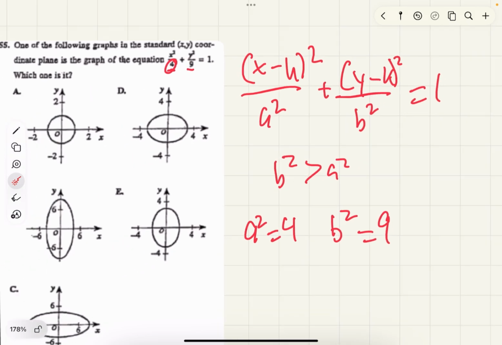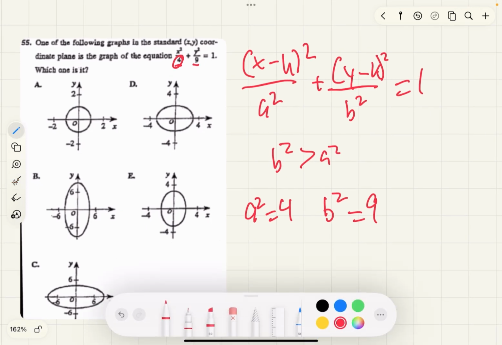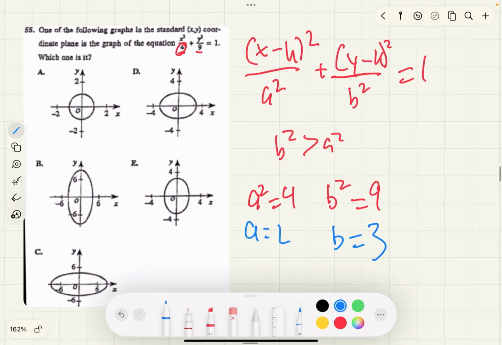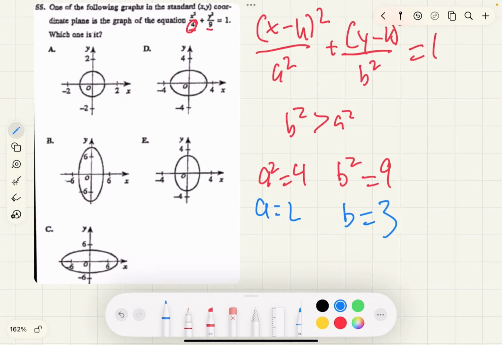Okay, if we solve that out using some simple algebra, a equals 2 and b equals 3. Now all we have to do is go to our answer choices and see which one satisfies that. We know it's going to be vertically stretched anyway, so we can automatically eliminate A, D, and C. Now it's simply between B and E, which one satisfies a equals 2 and b equals 3.